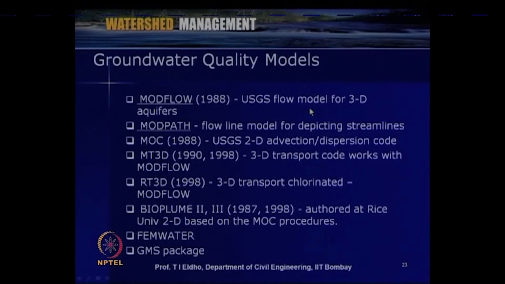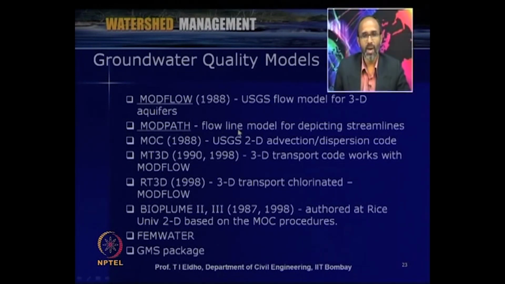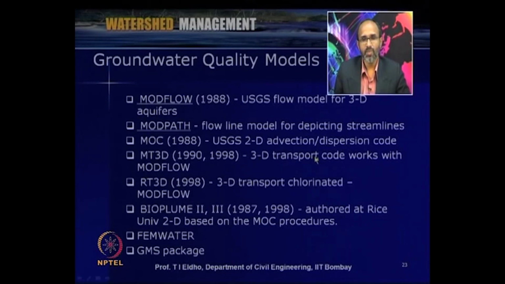Then as far as groundwater quality models are concerned, for flow modeling we can use the standard finite difference model called MODFLOW, which is given by the United States Geological Survey, USGS. Then MODPATH, a particle tracking model for depicting streamlines, then MOC, the USGS 2D advection dispersion code, then MT3D, a 3-dimensional transport code which works coupled with MODFLOW, then RT3D, a reactive transport model, which also works with MODFLOW.